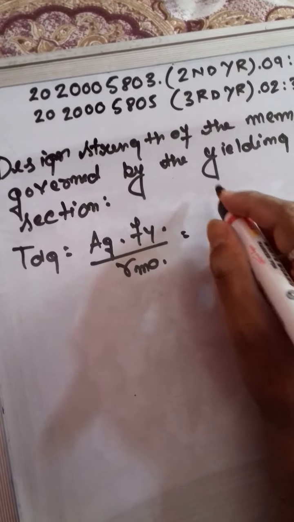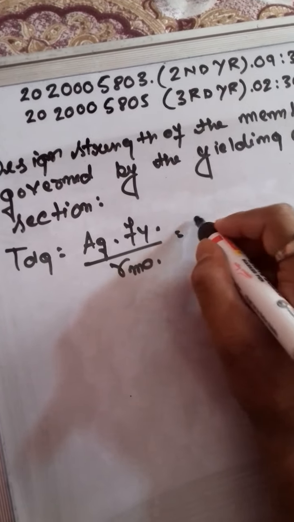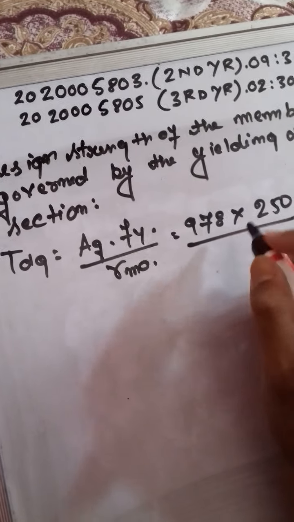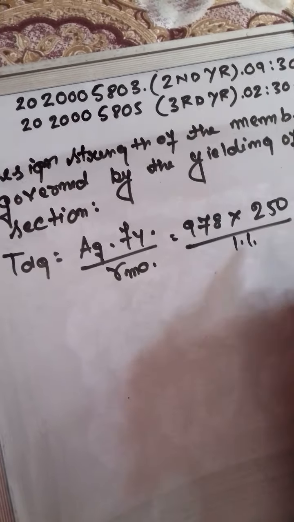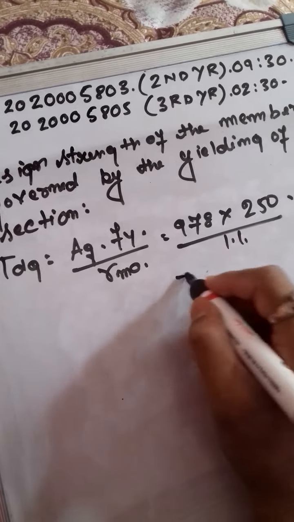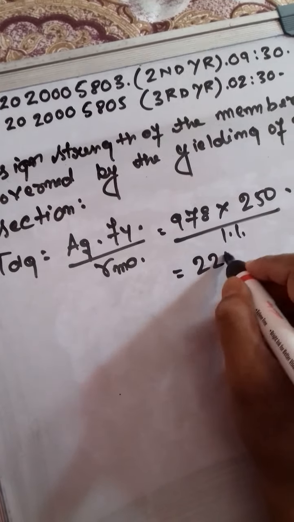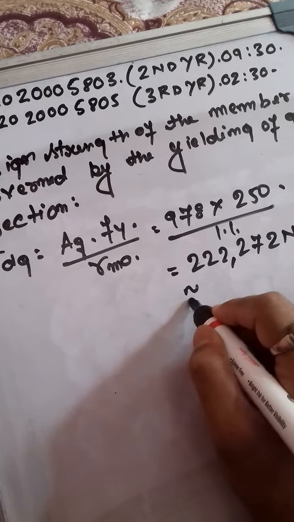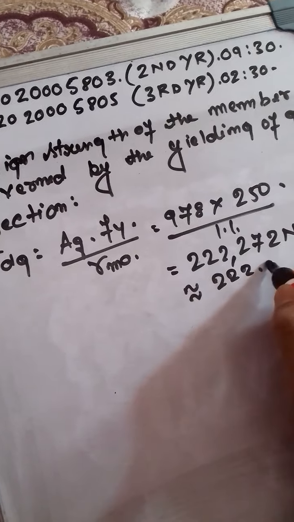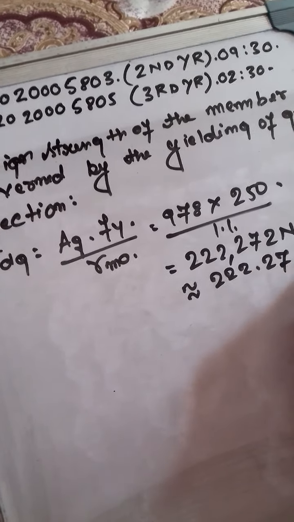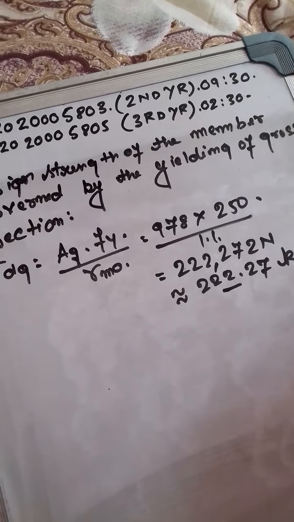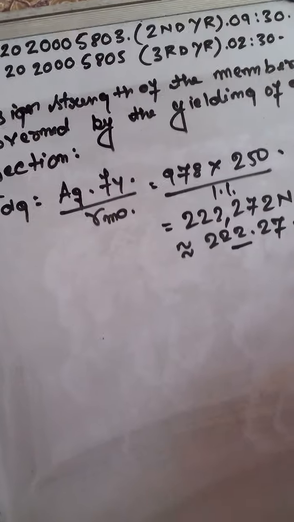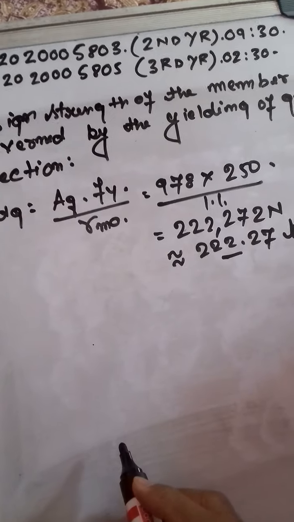So AG was, as per IS handbook, 978 multiplied by 250 divided by 1.1, which is approximately equal to 222.27 kilo Newton. Now we have to design the weld and we assume that this is the load to be carried by the welded connection.